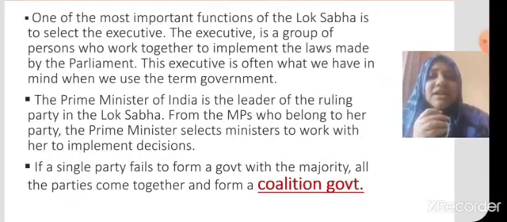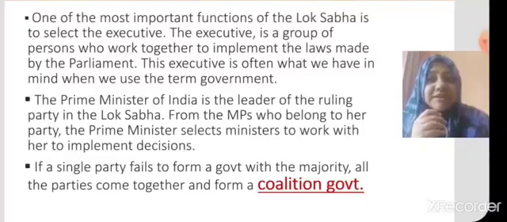So ultimately the executive is the government itself, as in, if the prime minister is the leader of the country, that does not mean he is the only leader of the country. He has a group of people known as the executive. They work together for creating laws, for working towards any problem of the country, and for implementing those laws in order to run the country.